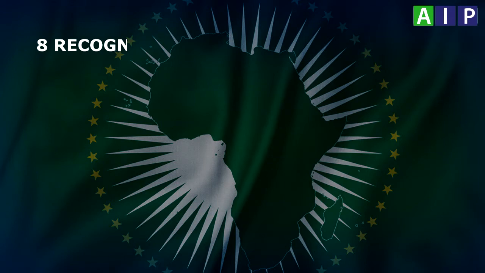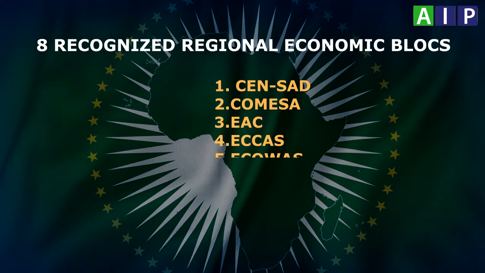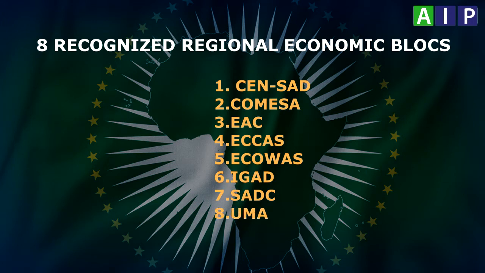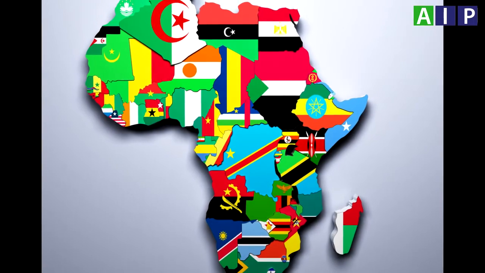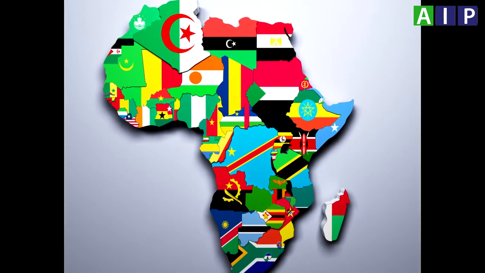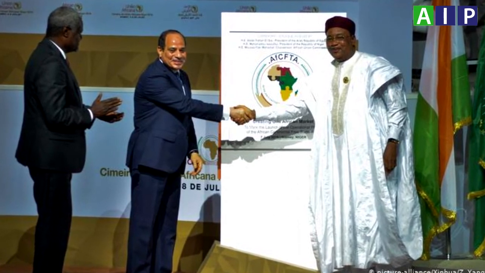We have 8 recognized regional economic blocs: CEN-SAD, COMESA, EAC, ECCAS, ECOWAS, IGAD, SADC, and UMA. All countries are in at least more than one economic bloc, and we have already signed free trade areas.